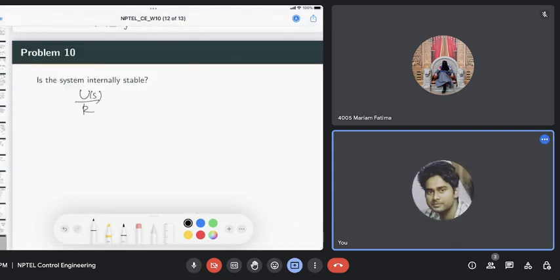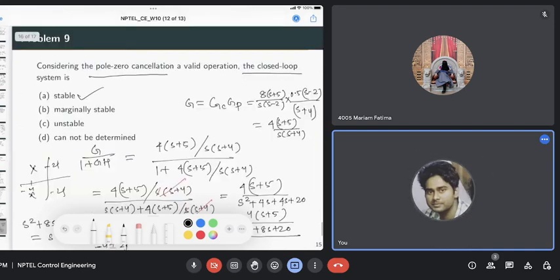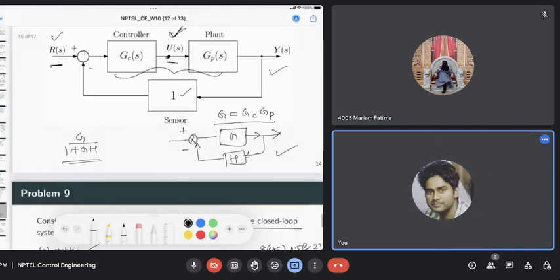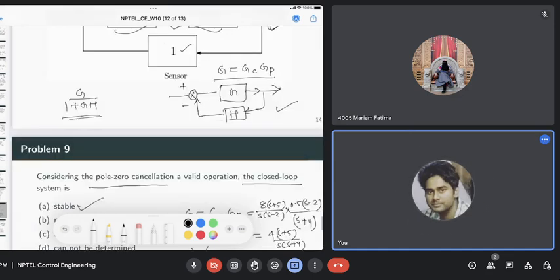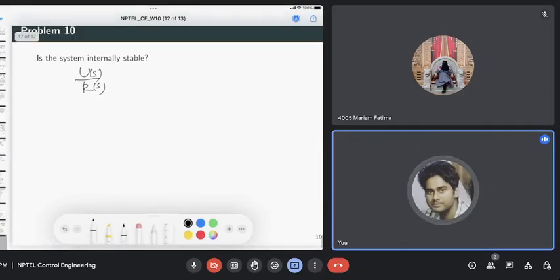We can rewrite this transfer function with r as an input and u as an output. So this is GC, we have R(s) here, and this is U(s). We take U(s) as the output and redraw the transfer function.